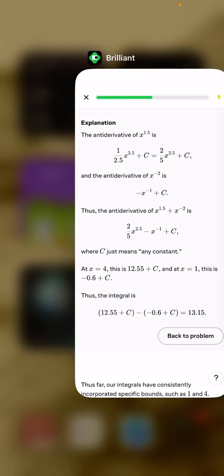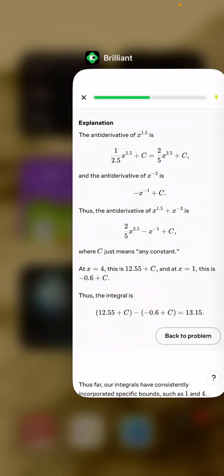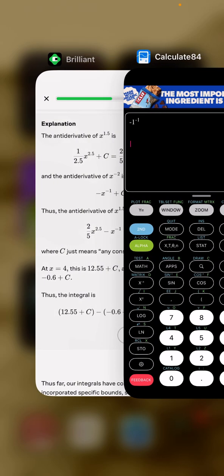Negative 0.6. Is this for the whole equation?